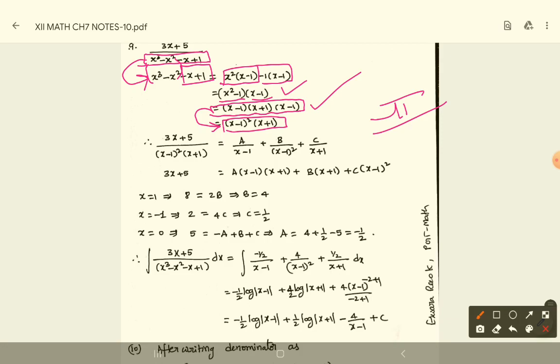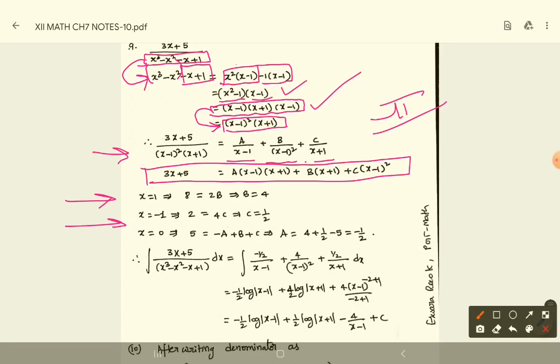Linear expressions are there. So then it can be treated as a by x minus 1 plus b by x minus 1 whole square plus c by x plus 1. Like the earlier question only, we are able to do it. Now first take x is equal to 1, x is equal to minus 1 in this expression, and find out the values of b and c. Then take x is equal to 0, then you get the leftover value which is a. So after getting the a, b, c values, a is minus 1 by 2, b is 4, c is 1 by 2.